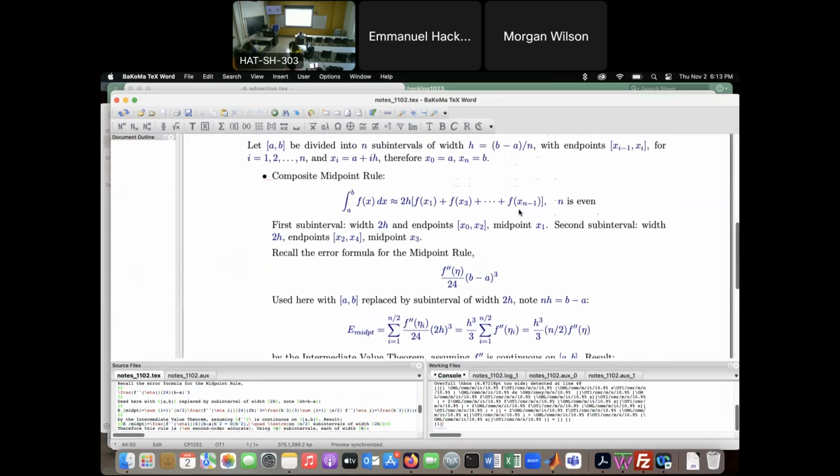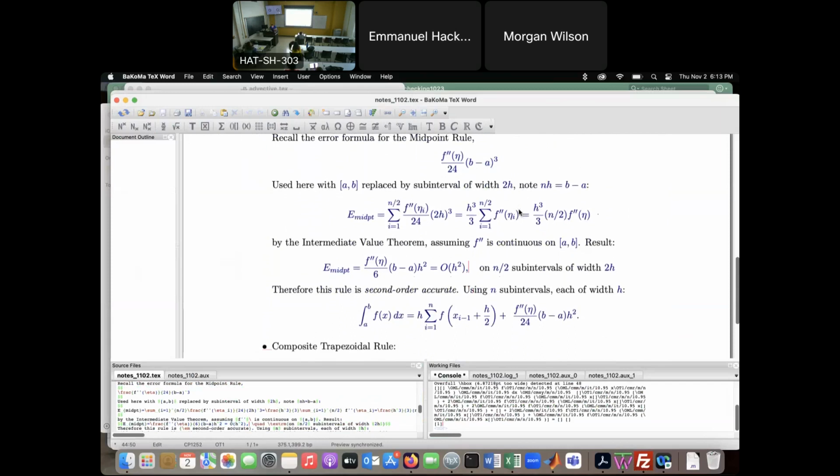So a more conventional way to write the composite midpoint rule is down here, that I'm approximating the integral by h times the sum of these f values, where now I have n subintervals, each of width h, and this is the midpoint of each one of them.